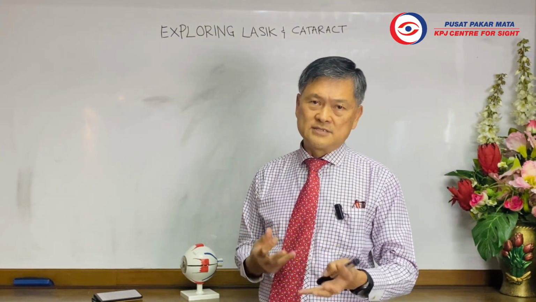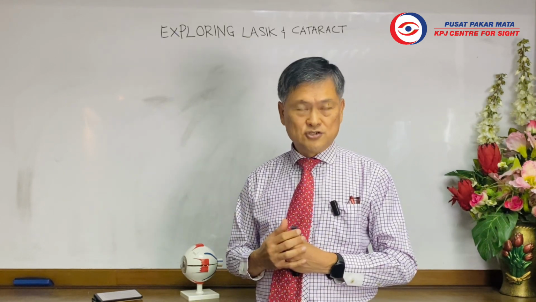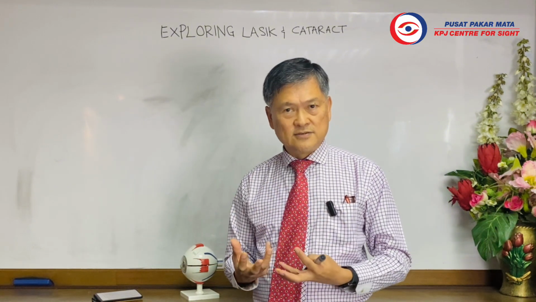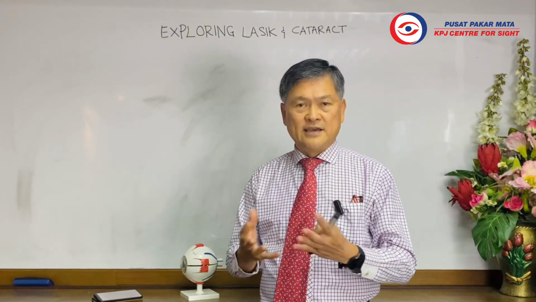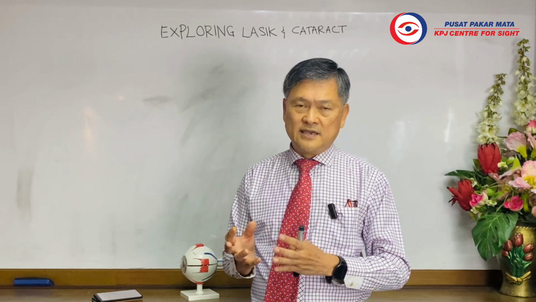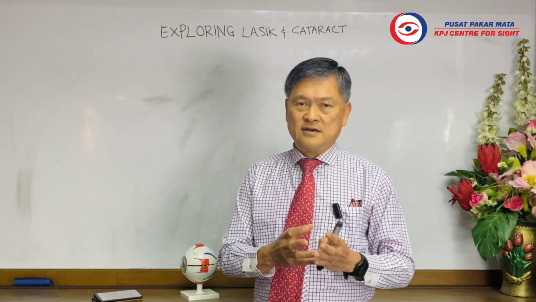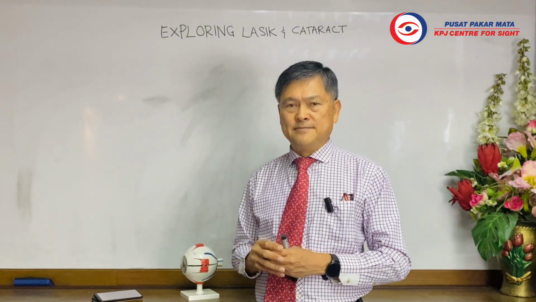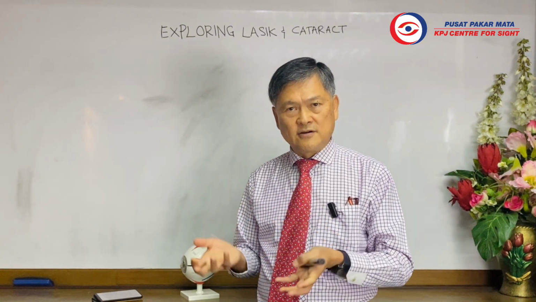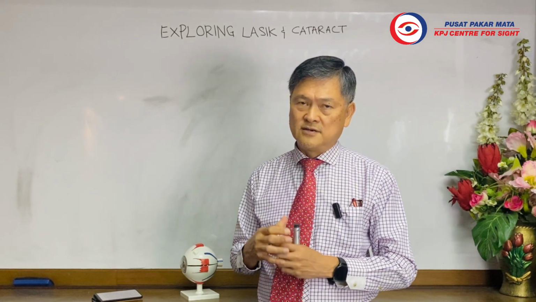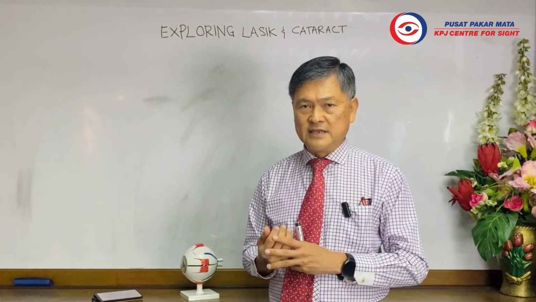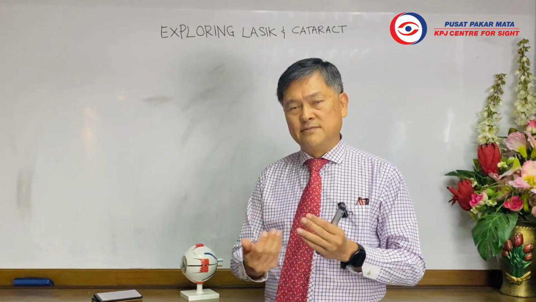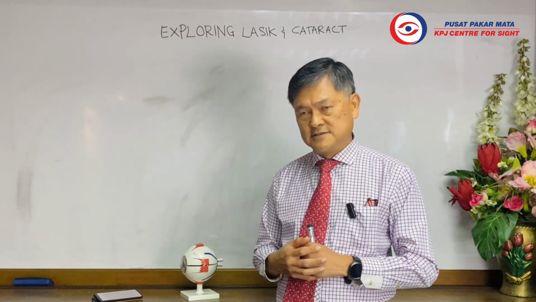Then most of the time, the consultant will give the patient one or two choices based on their activities, so that they can understand why they should choose A or B, or why A and not B. The consultant who is going to operate on the patient will definitely give a detailed explanation why this lens or that lens may be more suitable for the patient.